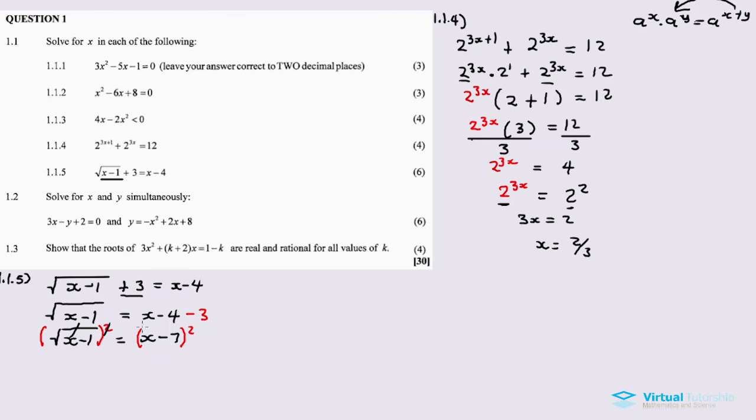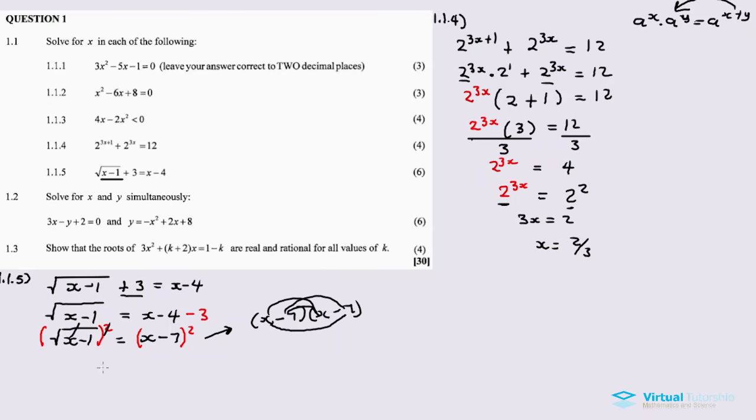And then on the other side, x minus 7 squared. What is x minus 7 squared? This is the same as saying x minus 7 times x minus 7. So with the two brackets, we must simplify, right? Use the FOIL method: x times x, x times minus 7, minus 7 times x, minus 7 times minus 7.